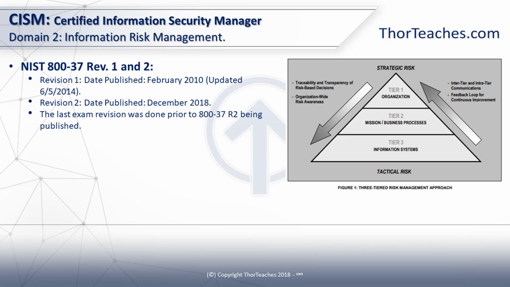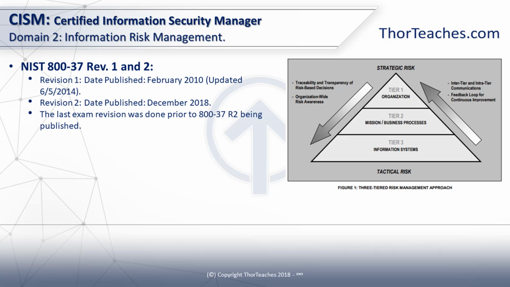And I again don't think there are going to be specific questions on this or that revision, but the different revisions of 800-37 and 800-53 are closely tied together, so the one NIST standard will reference the other. Remembering back to 800-53, if you remember the three-tiered system or the pyramid-looking thing we had, where Tier 1 is the organization, Tier 2 is mission and business processes, and then Tier 3, where we found 800-53, was our information systems.